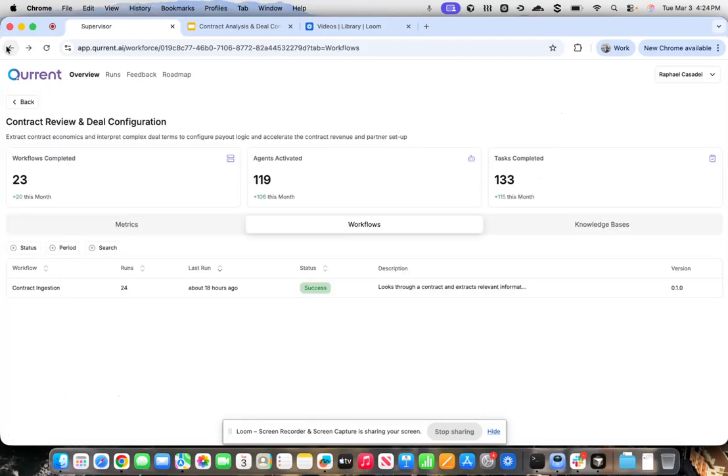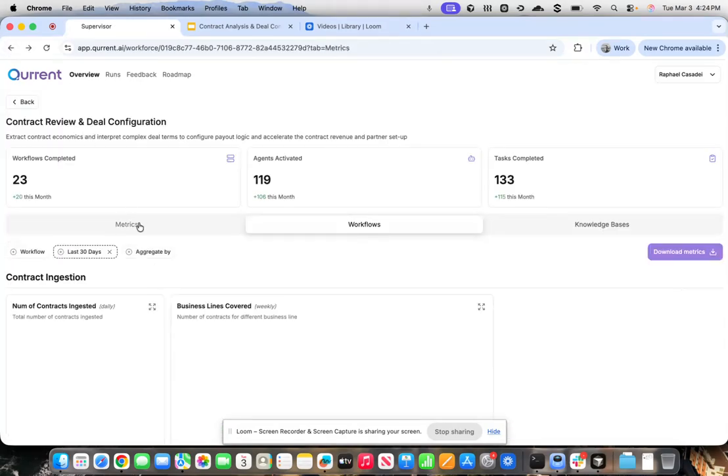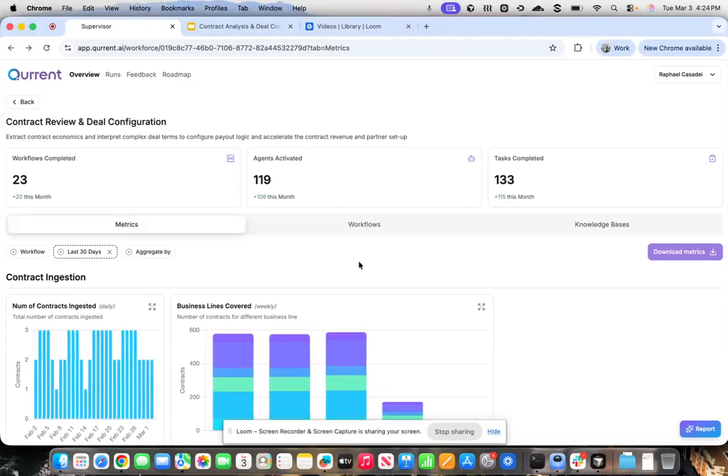Now, something that is also very interesting with the supervisor is the ability to see critical metrics.